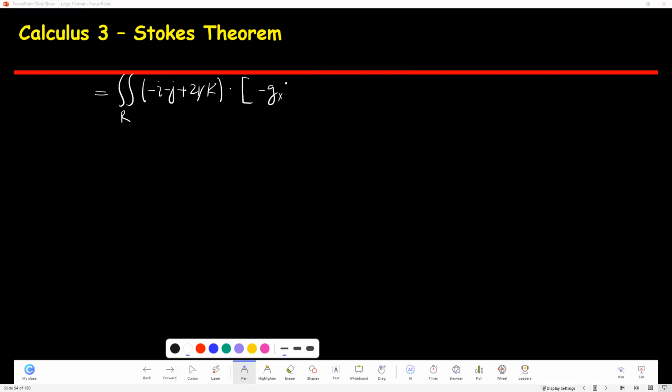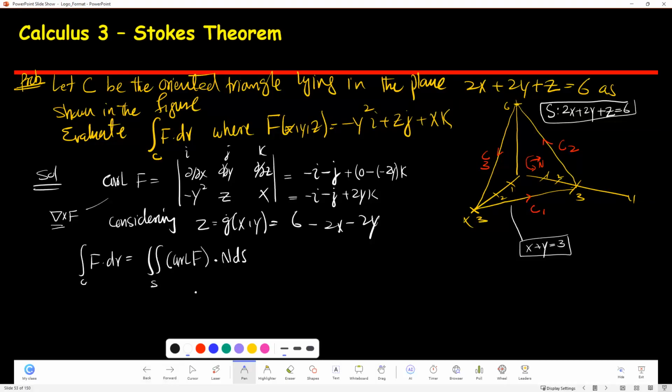Is a partial derivative of i minus g_y partial derivative of j plus k, and then dA. This is basically this side I said. All I did was write this as a unit vector, right?